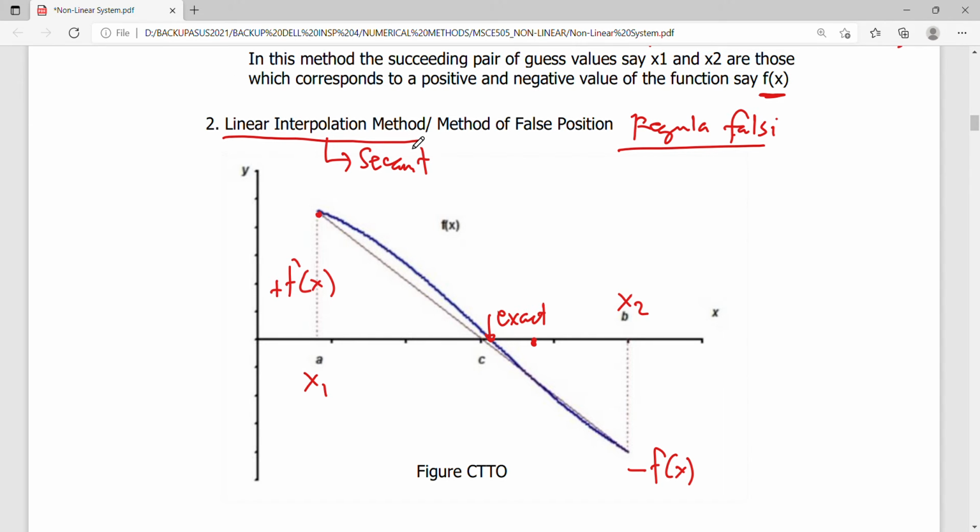So what you do is you will now make use of these two in order to get the equation. So you have now a linear equation to solve. You solve the equation of this line and then get the root of that, which is very, very near to the exact.